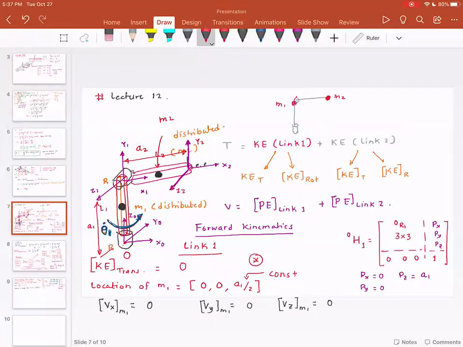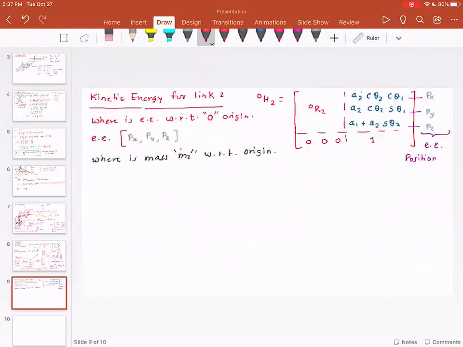If a2 is the total length, the mass is actually located at distance a2 by 2. So the mass is at half link length, which means it is at distance a2 by 2, or in our case, L2 by 2.